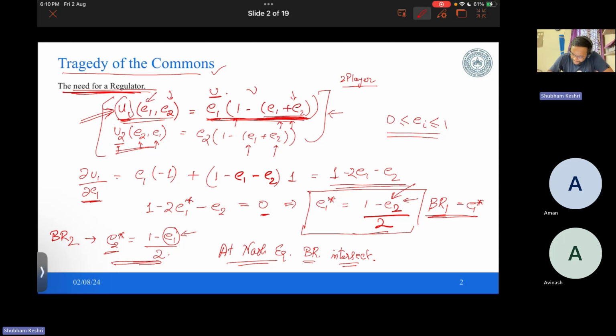So these points E1 and E2 will become E1 star and E2 star, so it will be E1 star, comma E2 star. Both the players are actually playing their best responses. Therefore, player 2 will play E2 star and we can obtain the value of E1 star, and player 1 will play E1 star and we can obtain the value of E2 star.